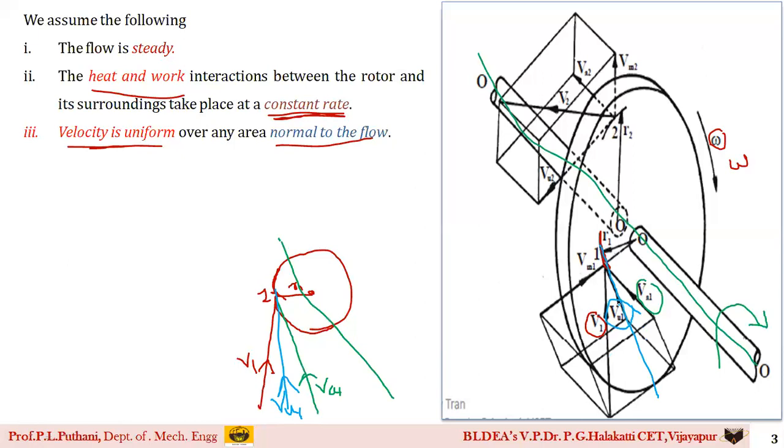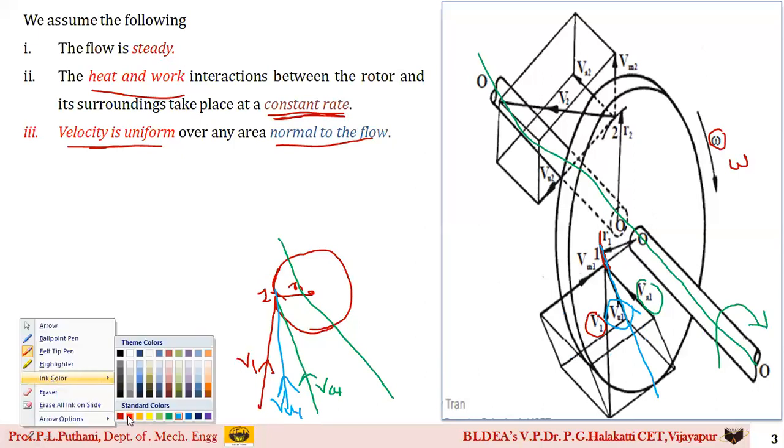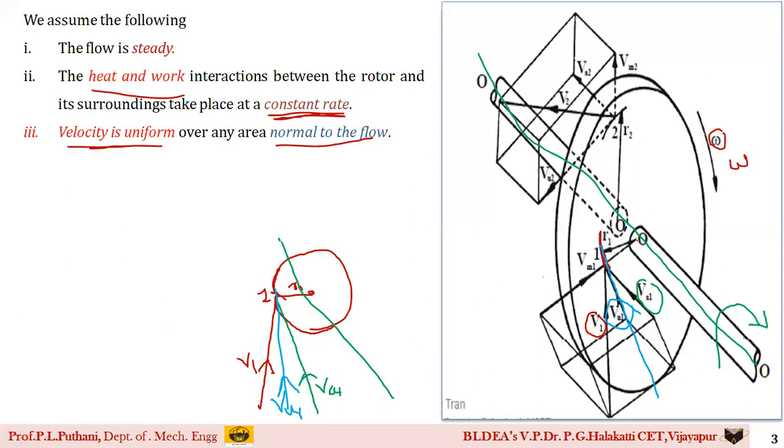And another last flow component is the velocity normal to the axis of the shaft. This is the axis of the shaft. The velocity normal to the axis of the shaft, we call the flow velocity or the meridional velocity, in this direction.